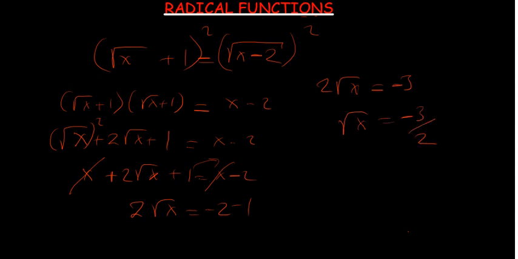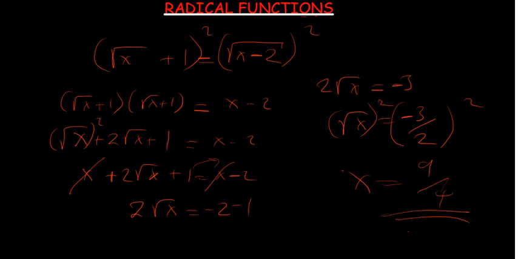So at this point, we can now square everything again. Square this side, also square that side. So our x is going to be equal to negative 3 squared is 9, 2 squared is 4. So that will be it for that one.